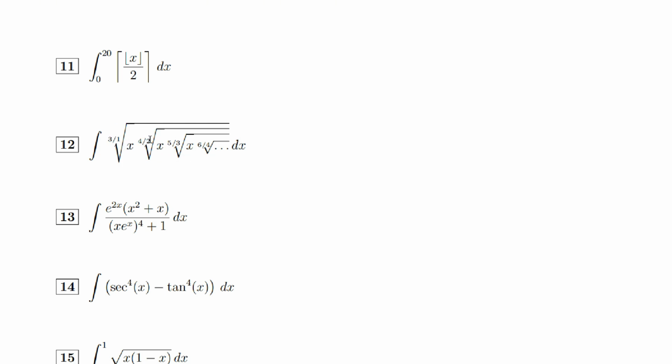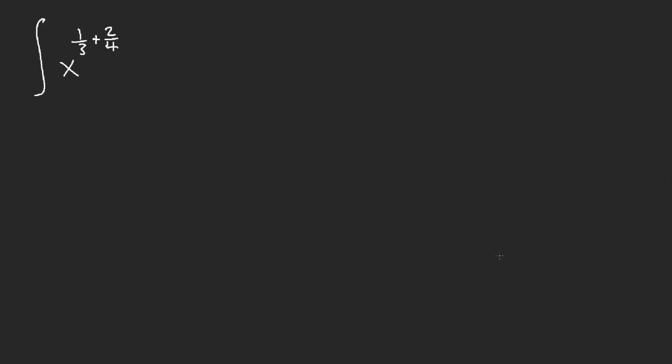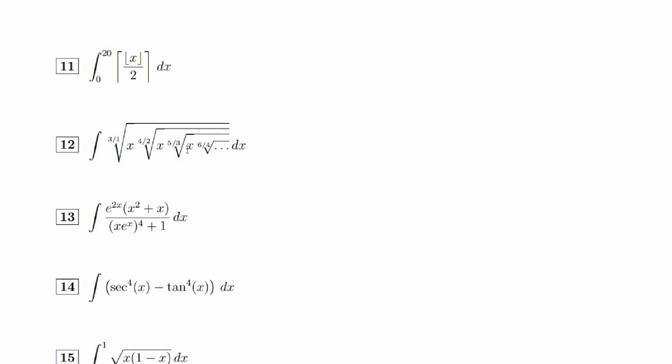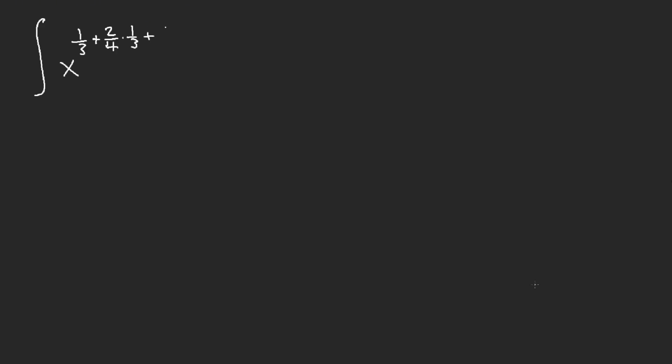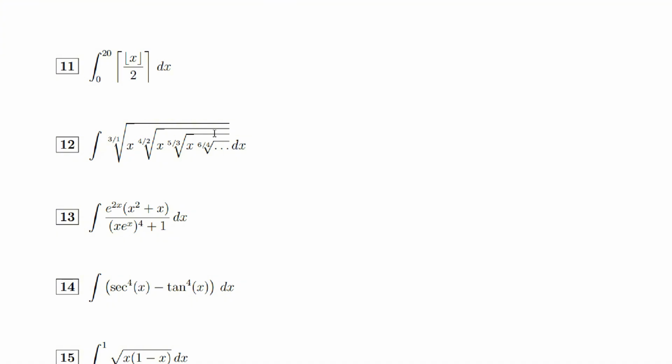So it's 2/4 times 1/3. Okay? So do not forget that. That's a very common mistake. And then here we have 3/5, and then don't forget to times 2/4 times 1/3, right? Because it's inside of these roots as well.